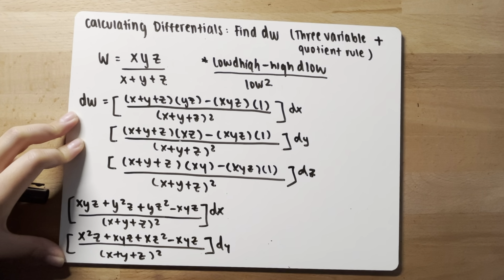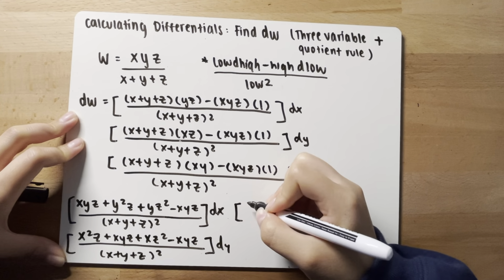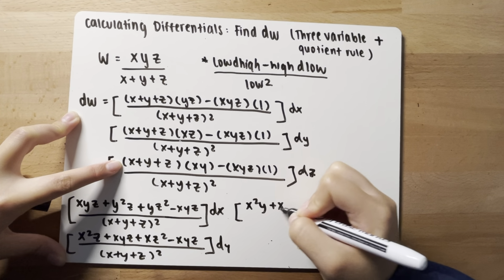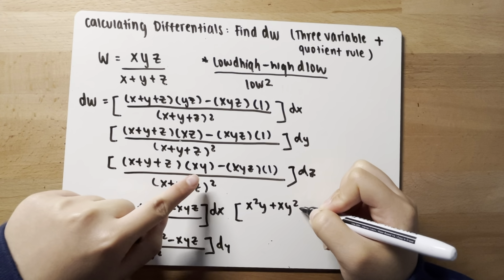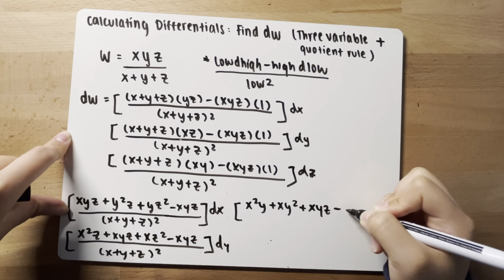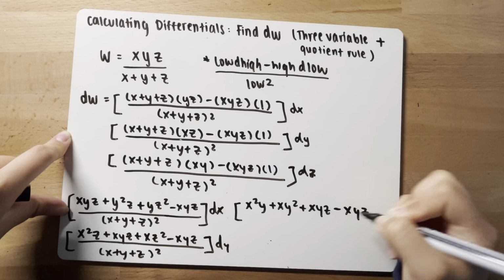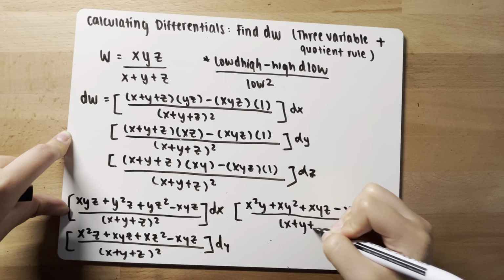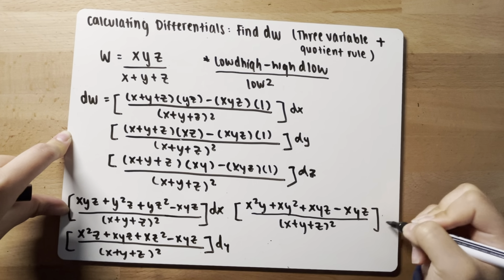This is your dy. And for dz, you are going to have x squared y plus xy squared plus xyz minus xyz over x plus y plus z squared.